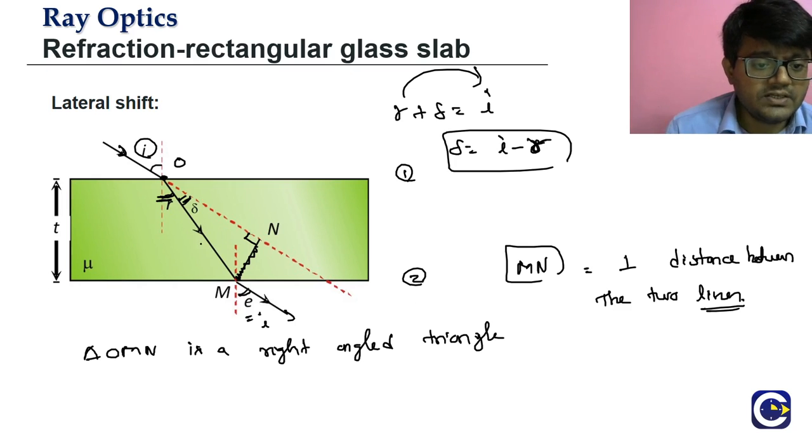In this triangle, MN is the opposite side and the hypotenuse is OM.